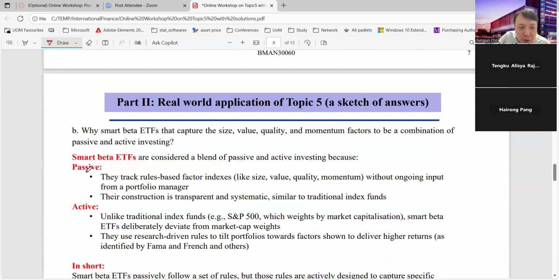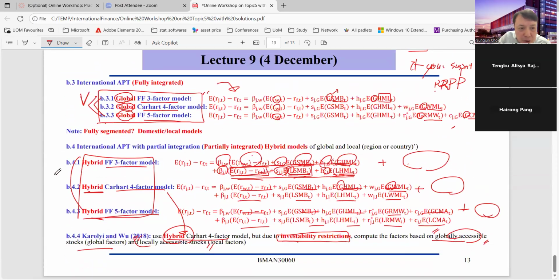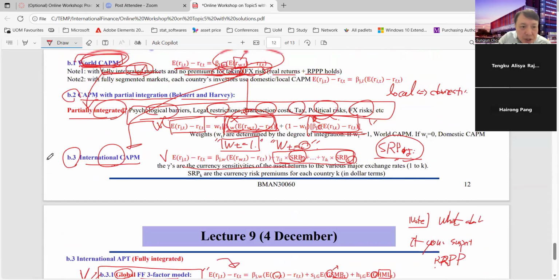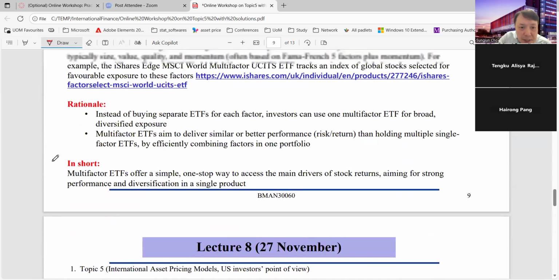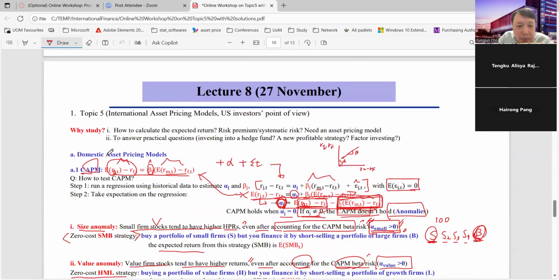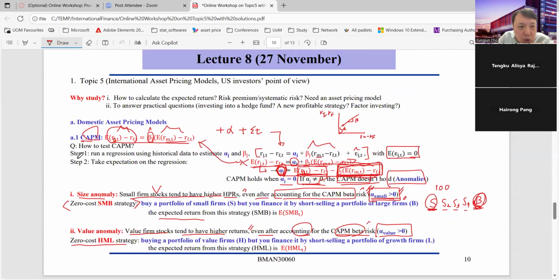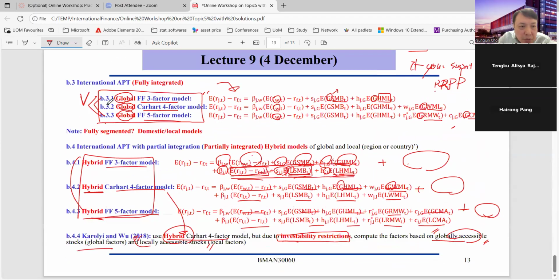Then when you try to answer these kinds of questions, you should think about which international model could be a good benchmark model. First of all, if you find this new strategy valuable for the UK market, maybe using the global model is not a bad idea because the US and UK are fully integrated, maybe.